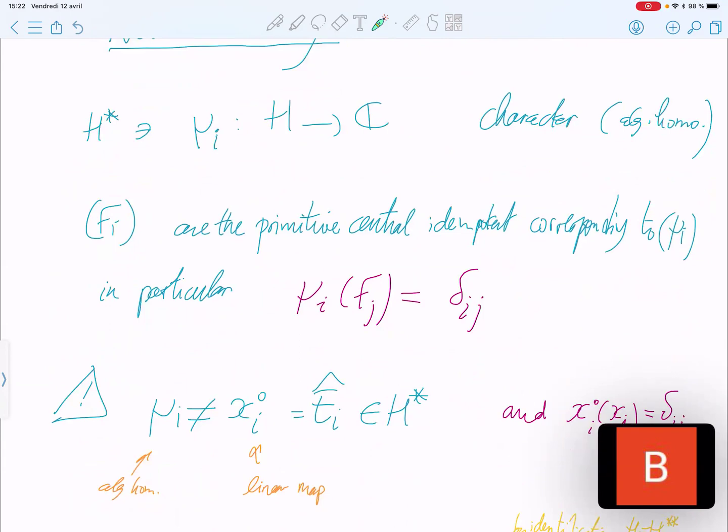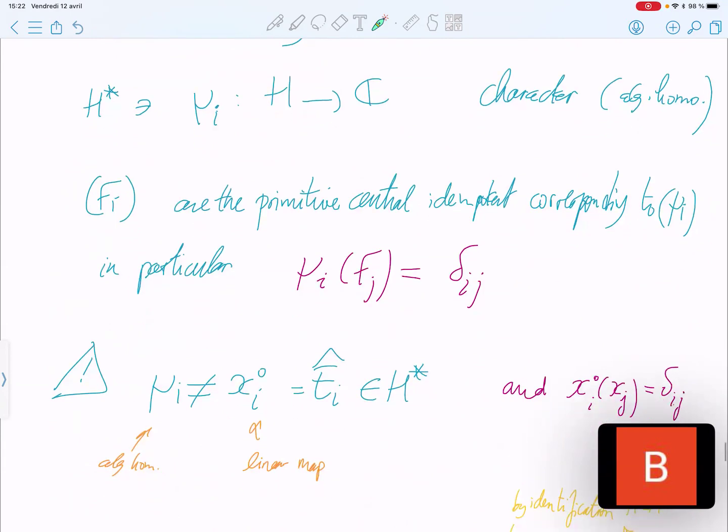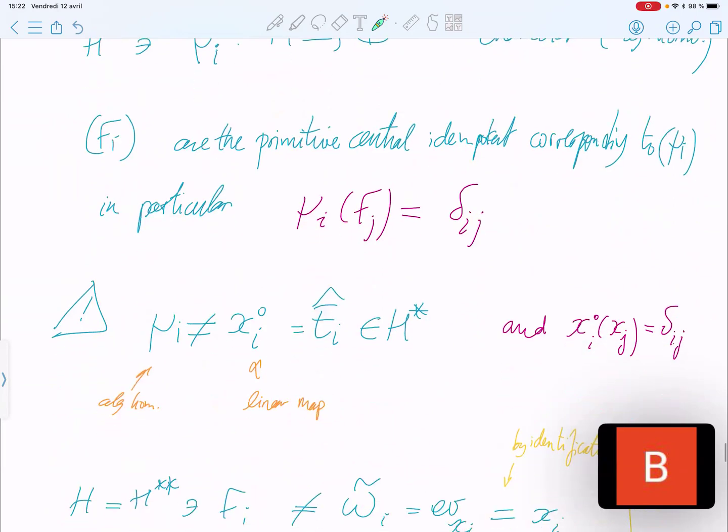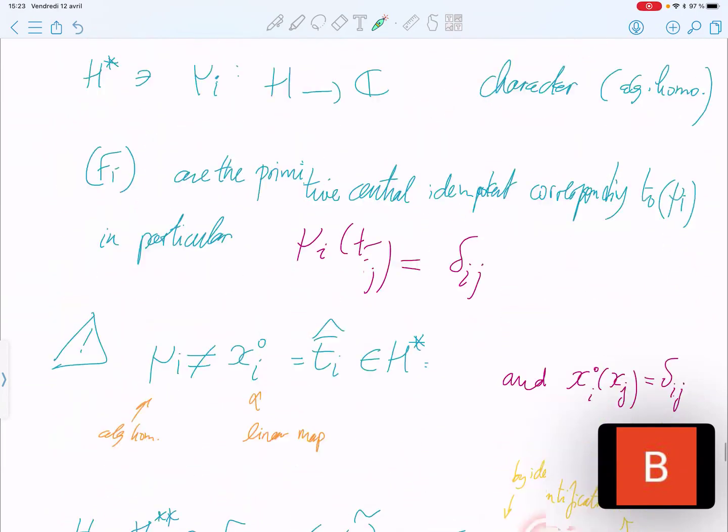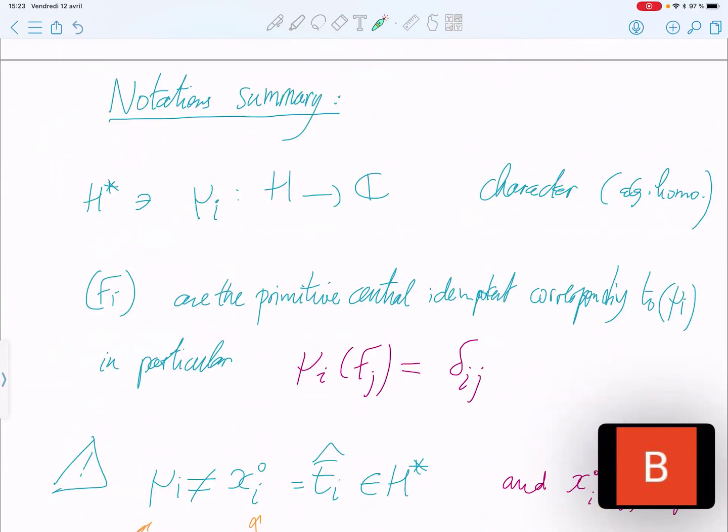So you have the hypergroup H, basis B. The elements of the basis B are xi. The characters of H are mu i, so they are in the dual. When I say character, I mean algebra morphism.